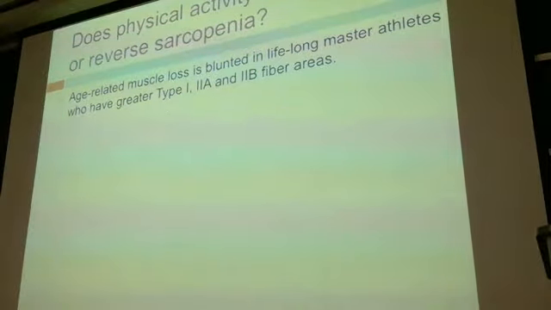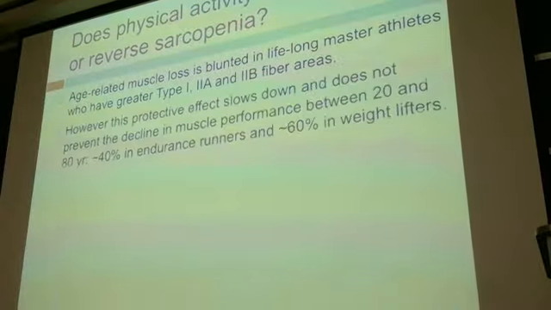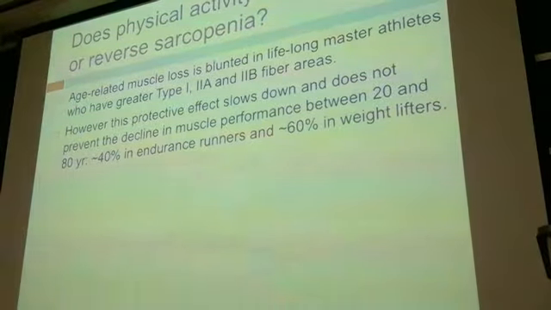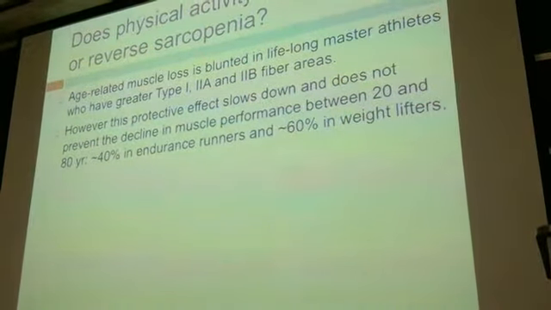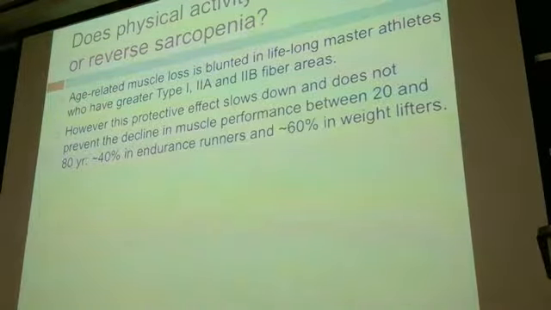And even those that start off with higher fiber areas when they're younger. The protective effect of exercise in younger years slows down. And so as one goes from 20 to 80, there is a significant decline in muscle performance, 40% in endurance running, 60% in weightlifters.